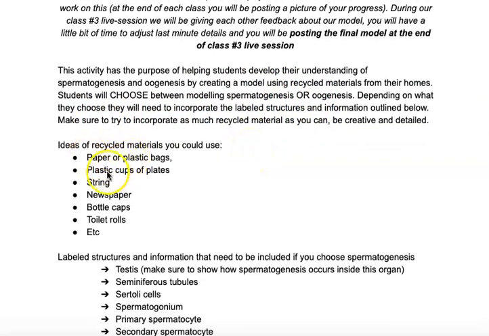Please start thinking about what recycled materials you could be using for these models. I think bottle caps is a really good idea, or maybe toilet rolls or plastic plates or cups. Anything that is recycled is good. This is not limited to recycled materials. You can use non-recycled materials, such as paper or poster paper, but some aspect of your model should be recycled.